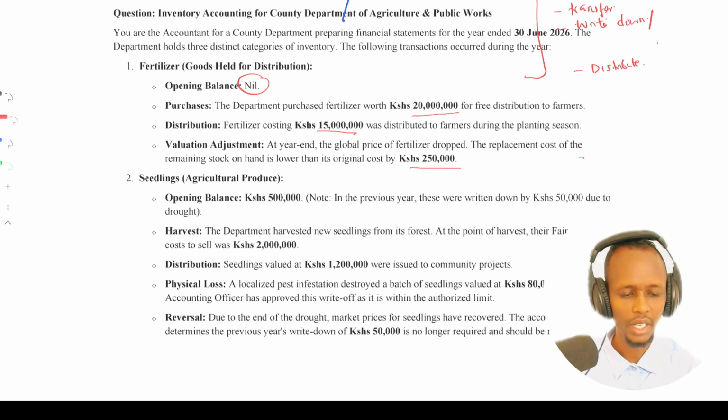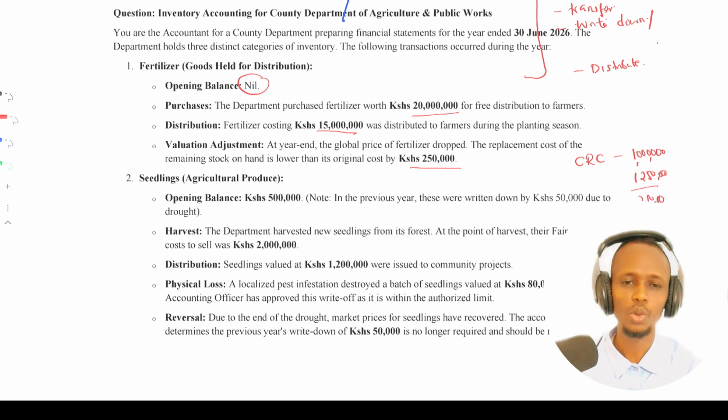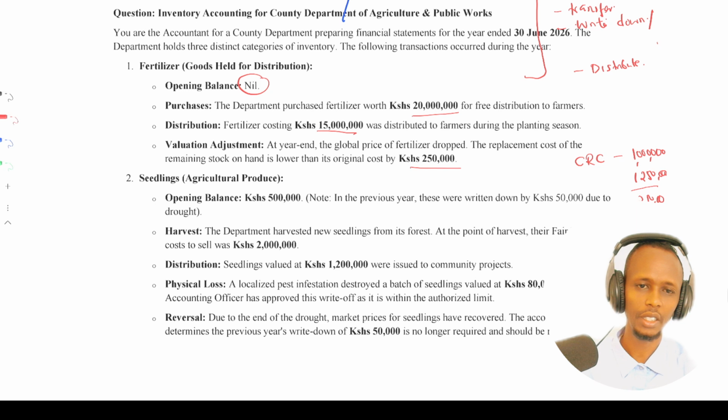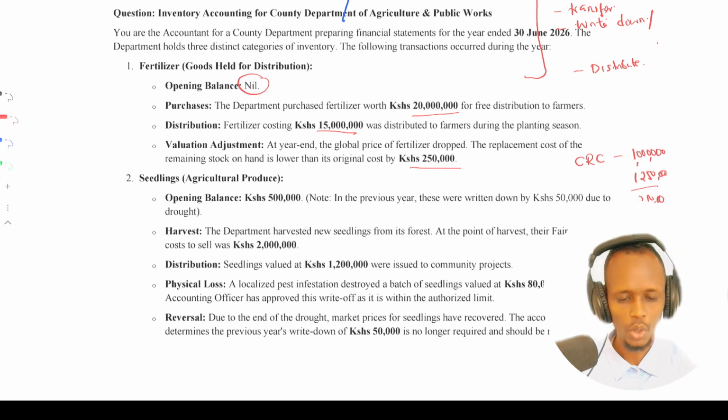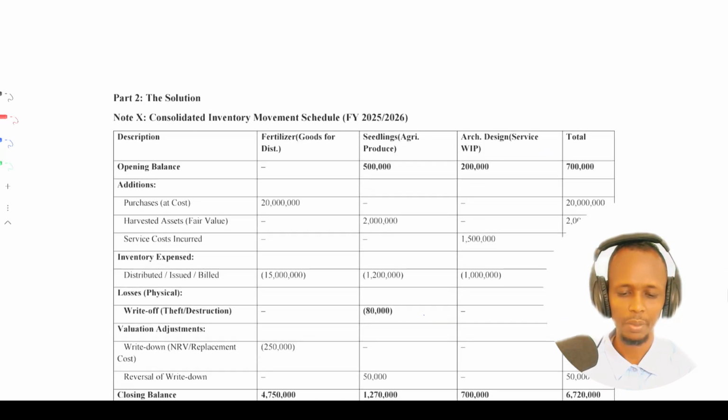For example, the current replacement cost, CRC, is lower than what you bought this item for, so it has lost a value of 250. So the write down is 250.